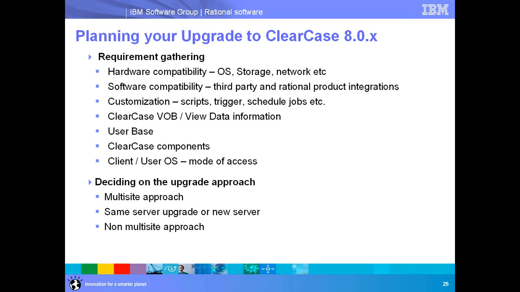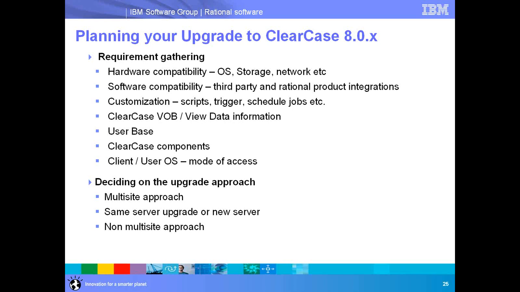When you go to Windows 7, it's always good to track what the older and new operating systems are, and which ClearCase versions are supported on the new operating system. So you will also have to keep your end users in mind when you're planning for an upgrade.